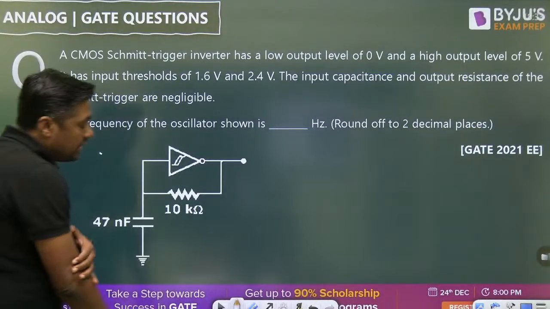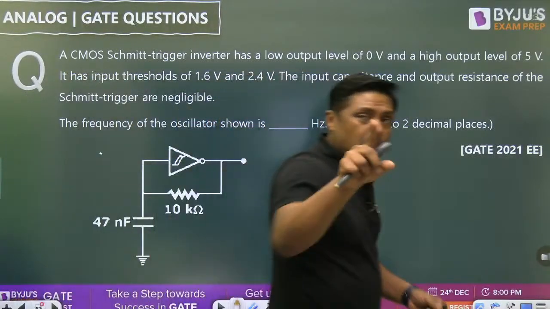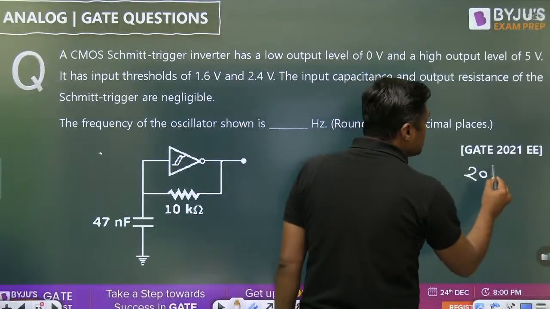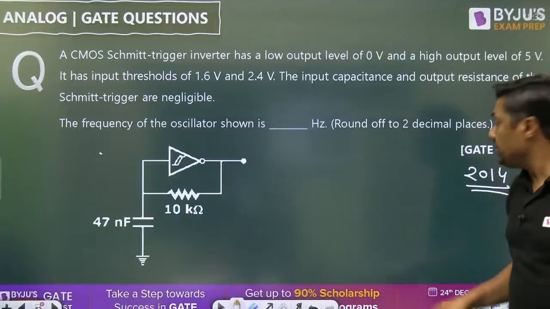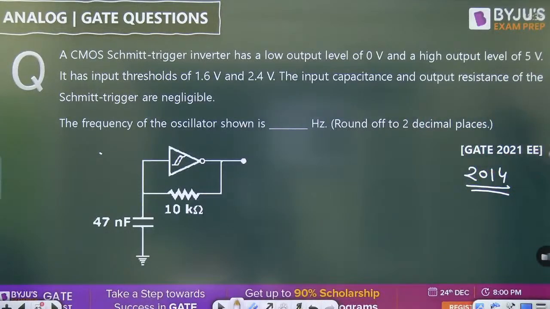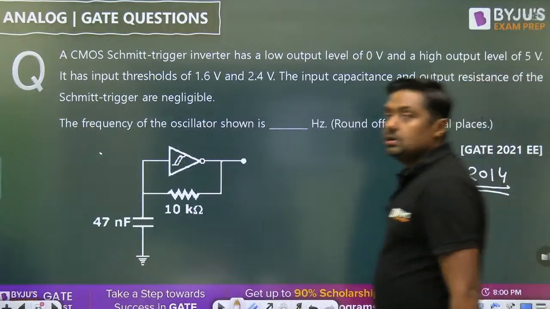In 2014, please watch the paper. In 2014, same question, but only difference in data. In 2021 electrical branch, this is the question. In 2014, similar question on this particular diagram, right?